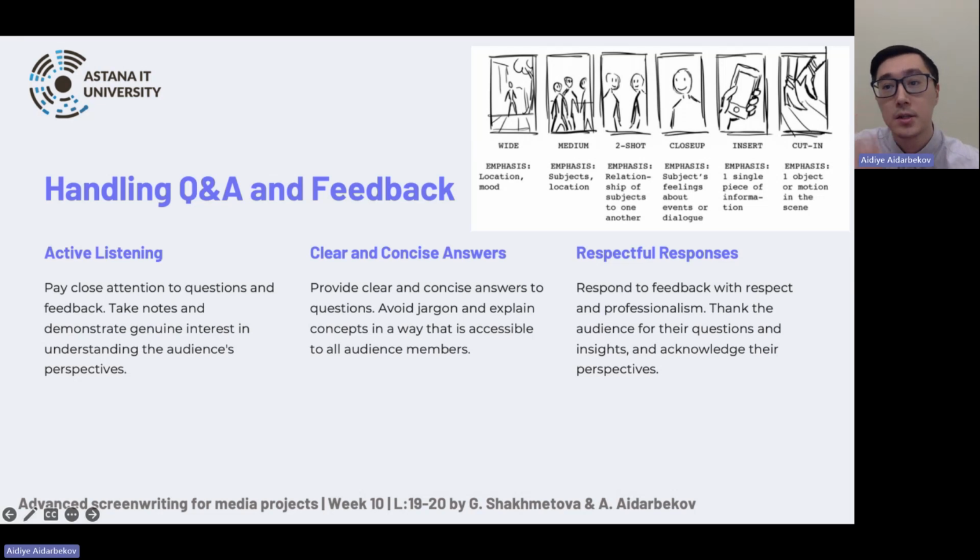I think some of the producers and investors like it when you listen to them and take notes. For example, if they say, you don't have a very good main character, add these points, or visually he needs to wear a hat and glasses.